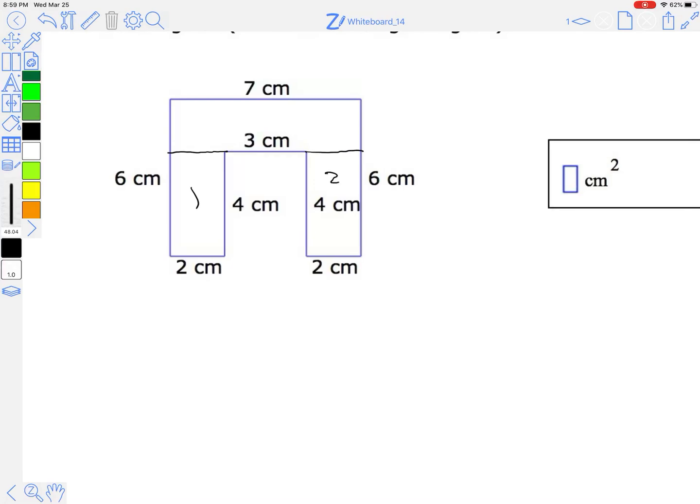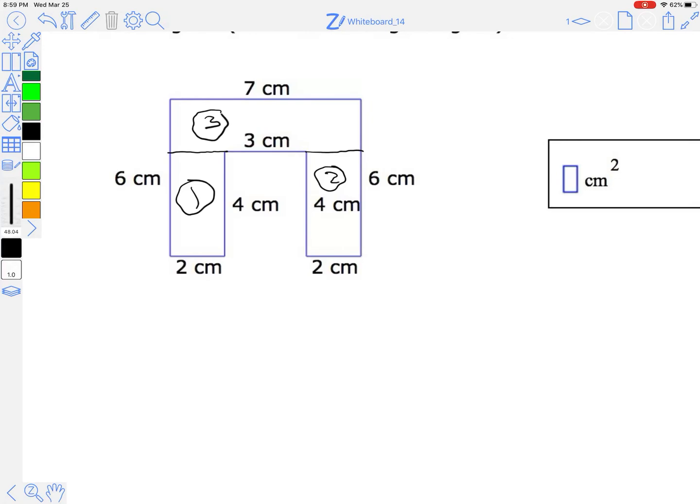There's rectangle number 2. And up on the top, I'm going to say is my 3rd rectangle. So I've really got 3 shapes here that I'm going to find the area of, and then I'm going to add them together, and that's the area of the entire composite figure, they call it.